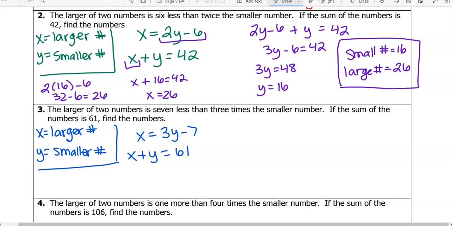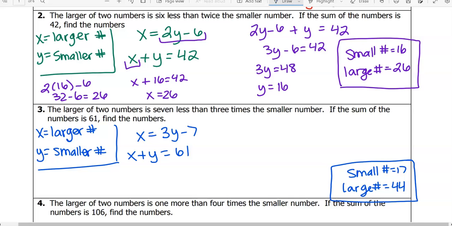All right, for this problem, you should get a small number of what? 17 and a large number of 44. Okay, it said the large number is, so x equals 7 less than 3 times the small number. So 3 times is literally 3 times y. And then 7 less than that, we got to take 7 away.